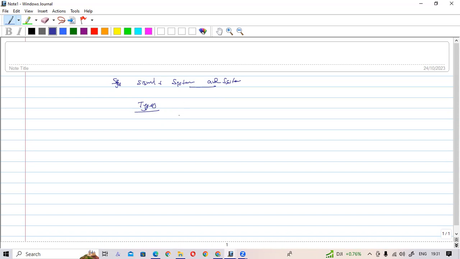Here we classified signals into different groups. Maybe you can remember. So based on the time property, the time axis, we can group a signal into two categories. Maybe you can remember: continuous time and discrete time signal.